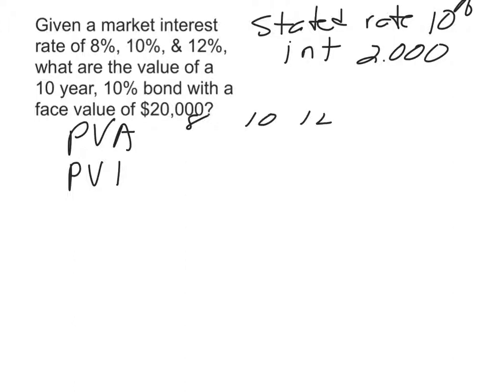So the factors, if we're going to do this, for the 8%, the present value of an annuity is 6.71008. For 10%, it's 6.14457. And for 12%, it's 5.65022.